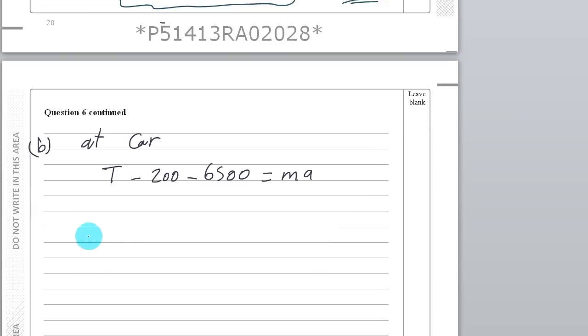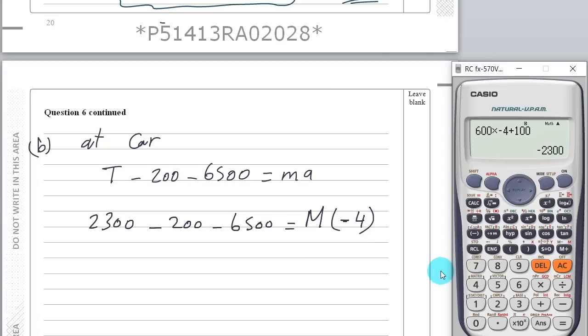Now T is equal to 2300, minus 200 minus 6500 is equal to M, which I don't know, multiplied again by minus 4. So 2300 minus 200 minus 6500 is minus 4400.